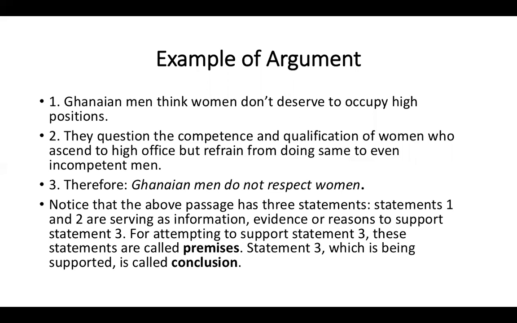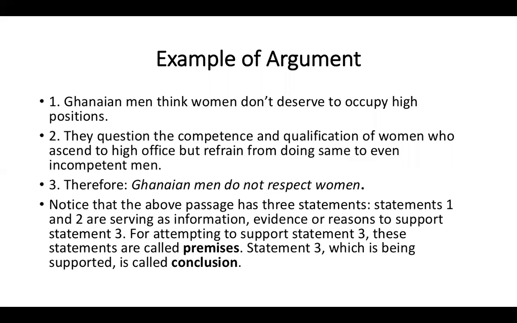Notice that the above passage has three statements. Statements 1 and 2 are serving as information, evidence, or reasons to support statement 3. For attempting to support statement 3, these statements are called premises. So statements 1 and 2 are premises. Statement 3, which is being supported, is called the conclusion.